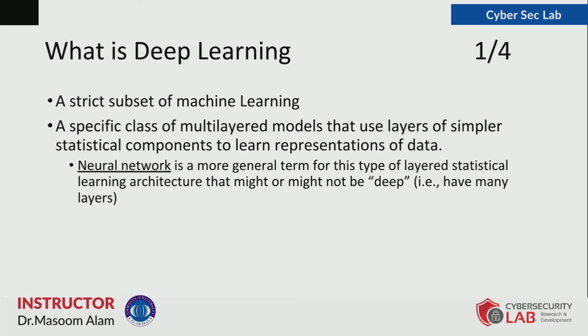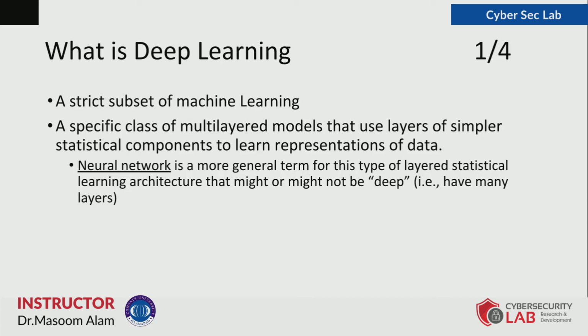So what we do is make layers of models and use those layers of simple statistical components to learn representations of the data. The basic foundation of deep learning is a neural network. A neural network is a more general term for this type of layered statistical learning architecture that might or might not be deep.